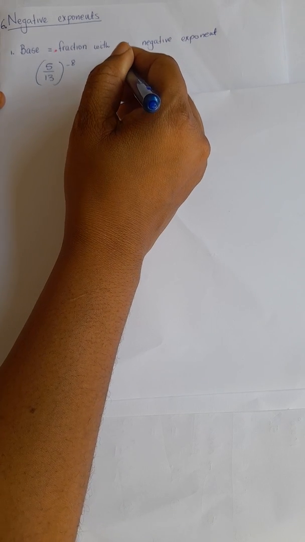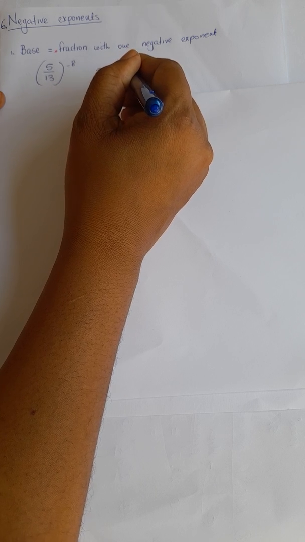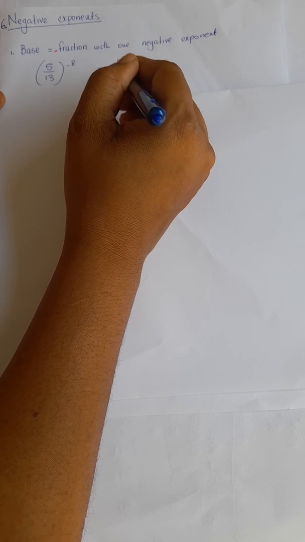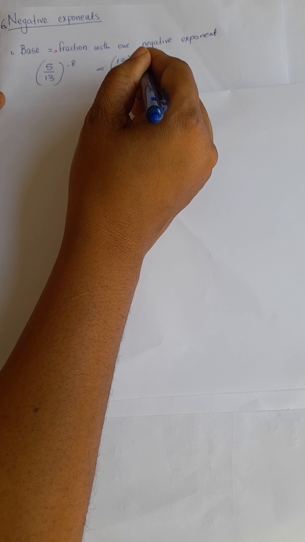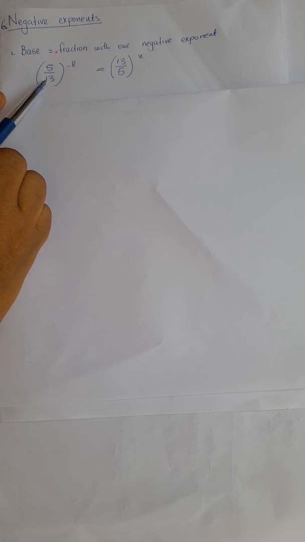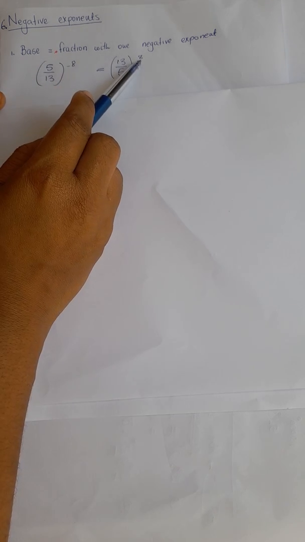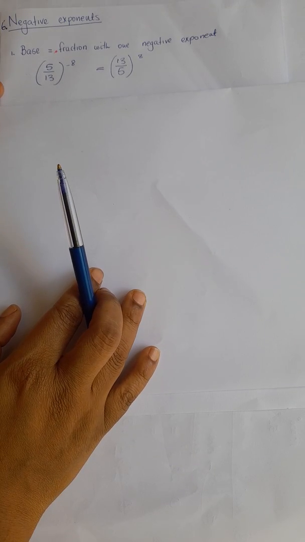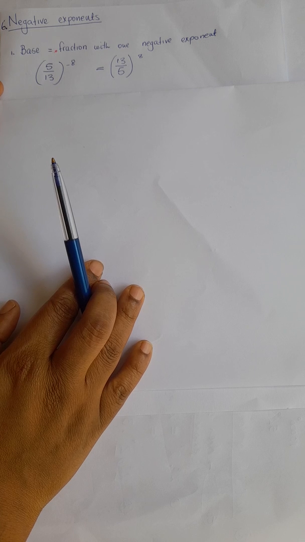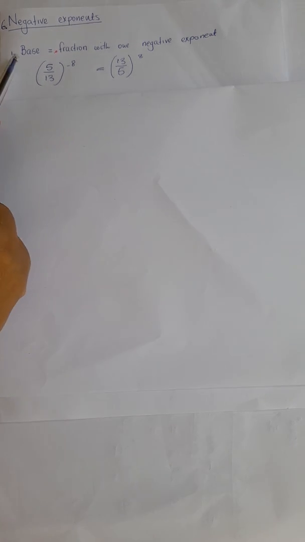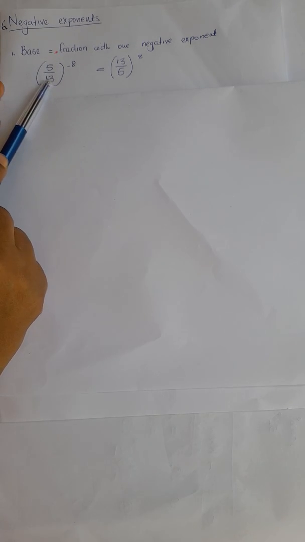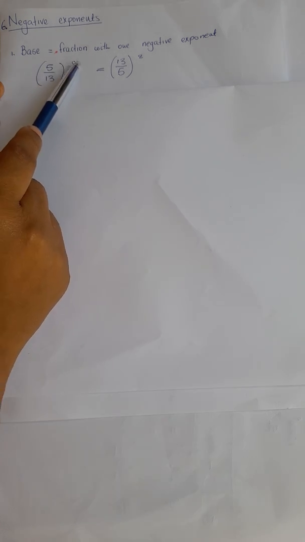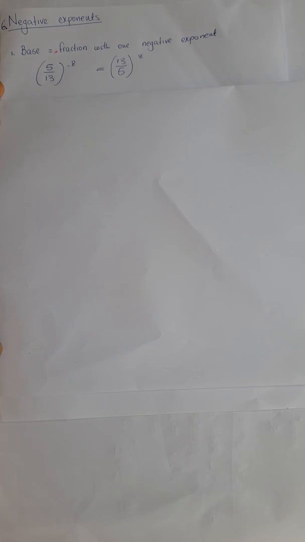So my answer is going to be 13 over 5 as my base, and now I have a positive exponent. I've just swapped my numerator and denominator, and once I do that, I can change my exponent to be positive. Follow that? This only happens if our base is a fraction and we only have one negative exponent.